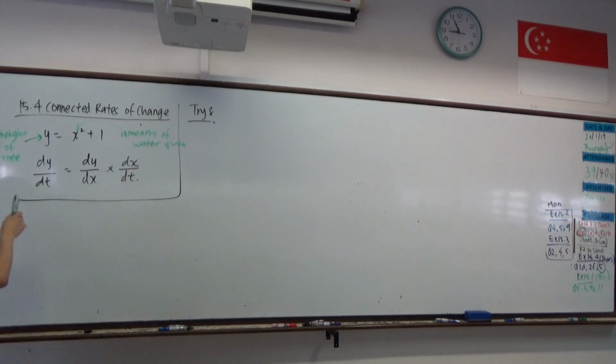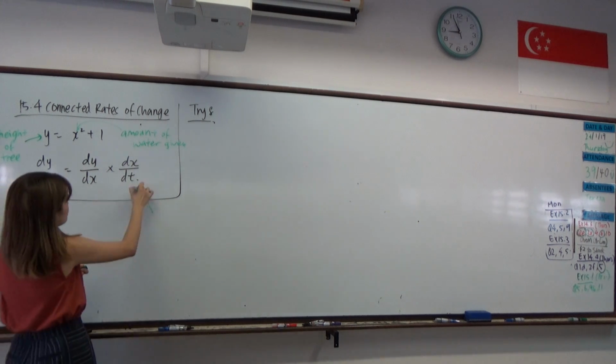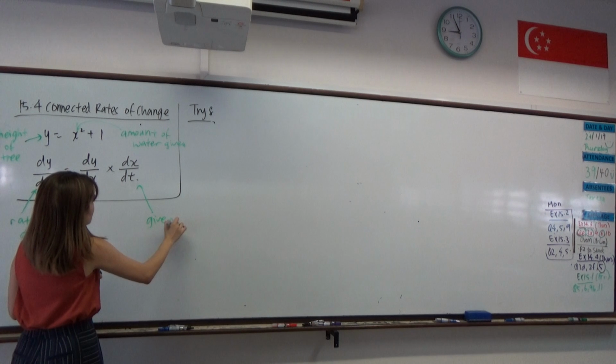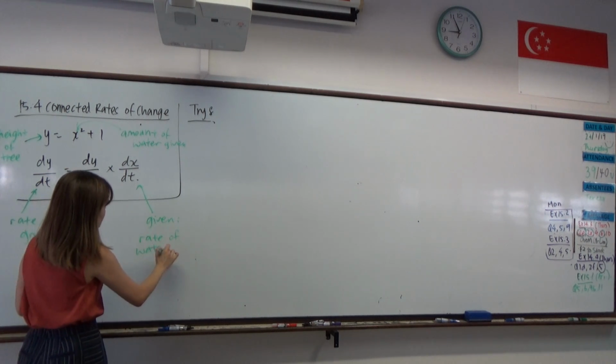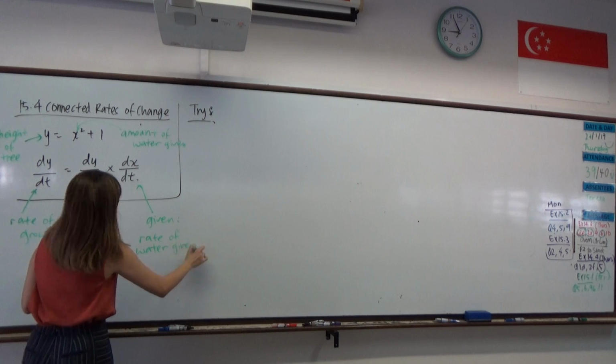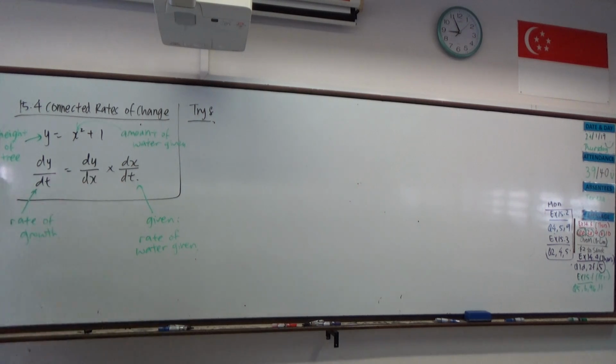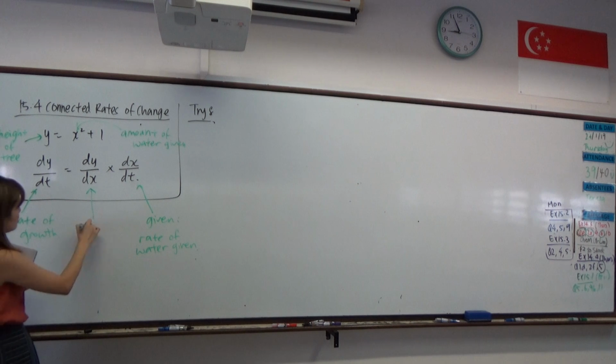Surely this equation doesn't work because it is quadratic, it doesn't make sense. But for example, if I want to find the rate of growth, but I am given the rate of water given, and since I know the relationship of the growth with the water, I can differentiate the function.